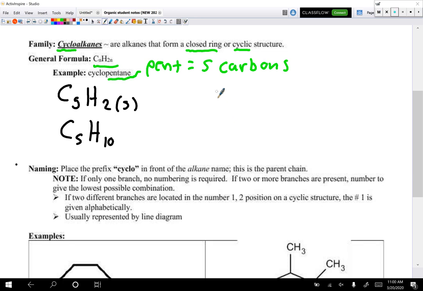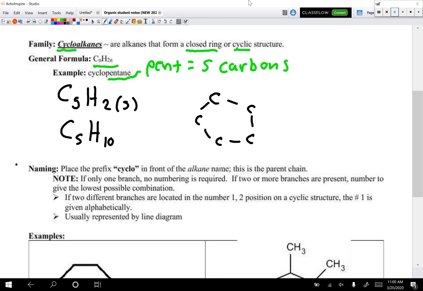So how this will look, I'm just going to do a structural formula here. We have one carbon, another carbon. We're going to get 5 carbons bonded together in a closed ring. Now I know this isn't the prettiest looking thing that I've ever drawn, but that's fine. To figure out how many hydrogens there are, I have 5 carbons in a closed ring, so we need 10 hydrogens total.